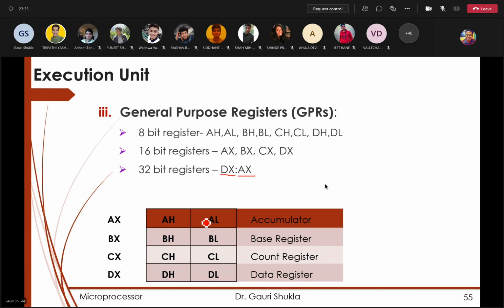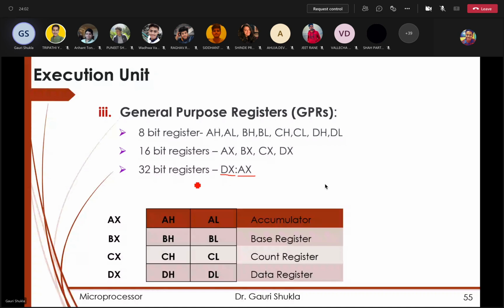Yes, ma'am. So whenever X is there, that means it is 16-bit. Otherwise we call it L or H, low or high, that way you can remember.